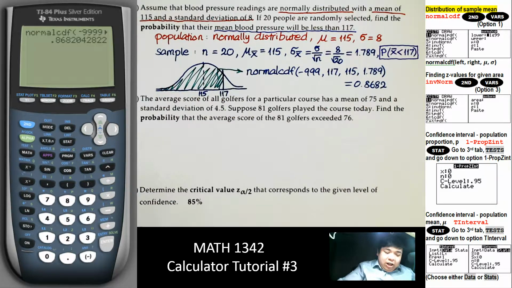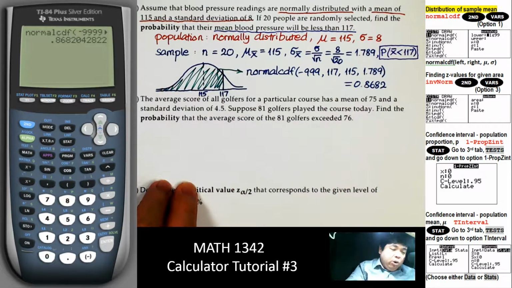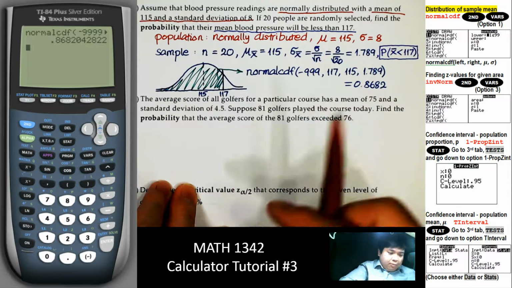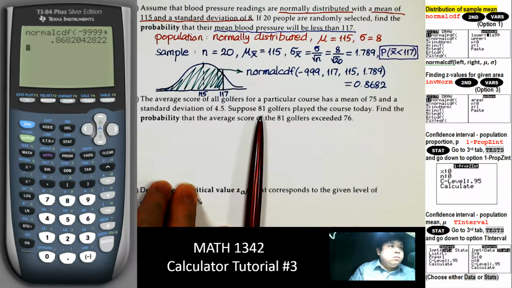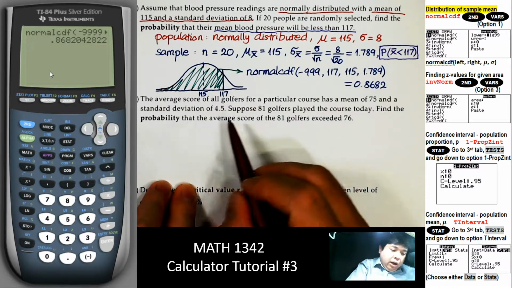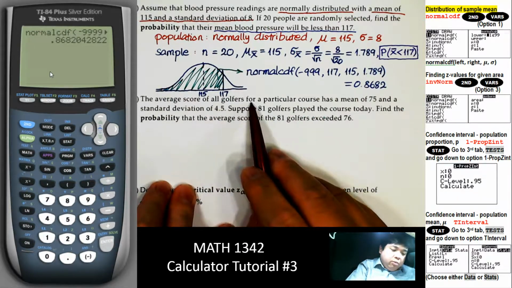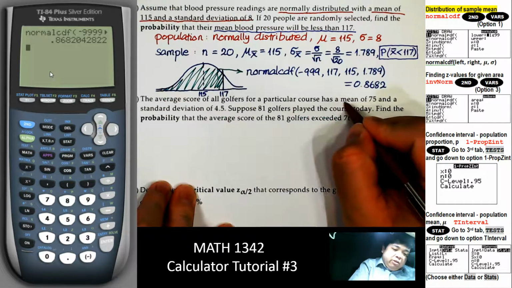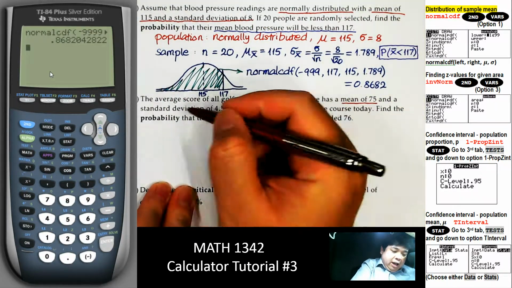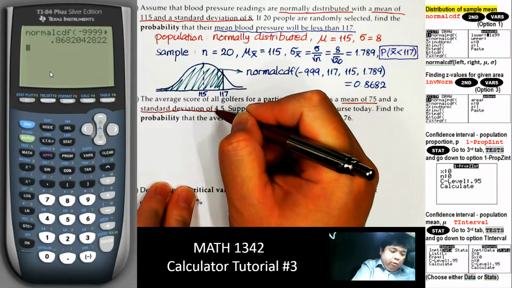Now we go to the second one, on the same topic. So we have the average with a mean of 75 and the standard deviation of 4.5.